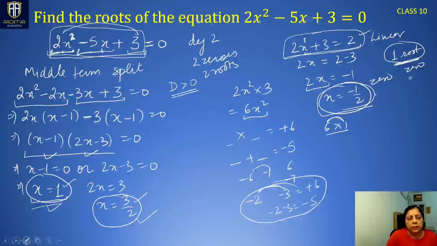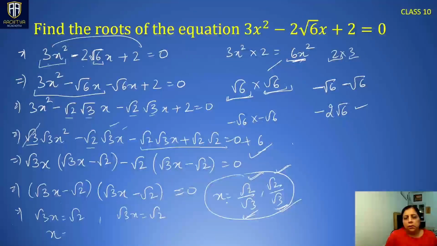In the second case, we had repetitive roots. That means d will be equal to 0, because there are two real roots, but both of them are equal to each other. So in that case, d comes out to be 0.